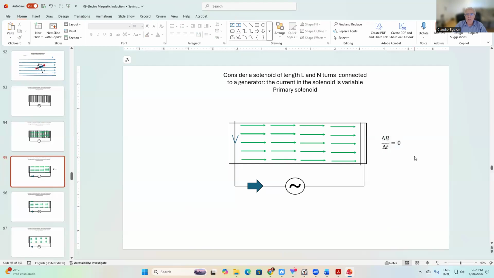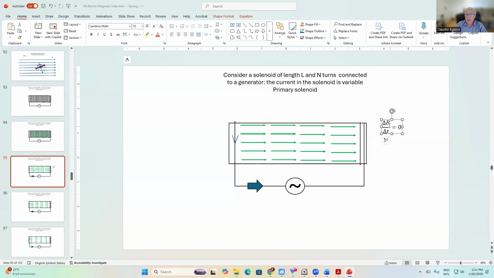Consequently, the induced current must be zero. If the magnetic flux change is zero, the induced voltage is zero, the induced current must be zero too, right? Delta B equal to zero.